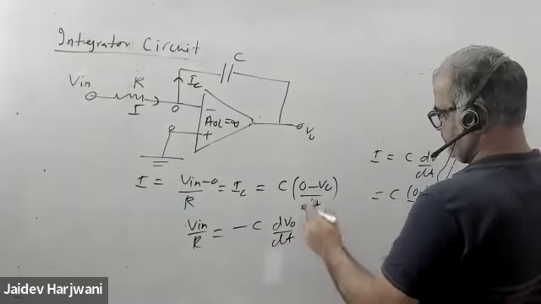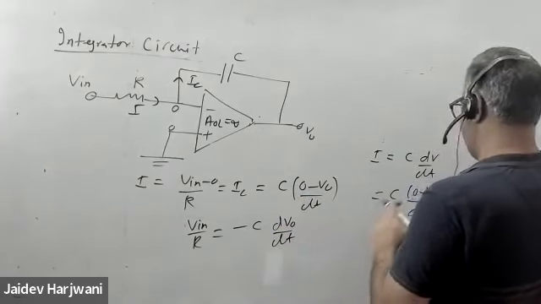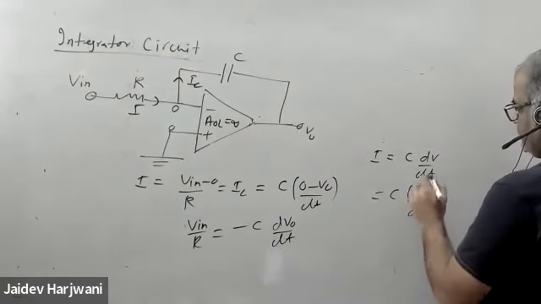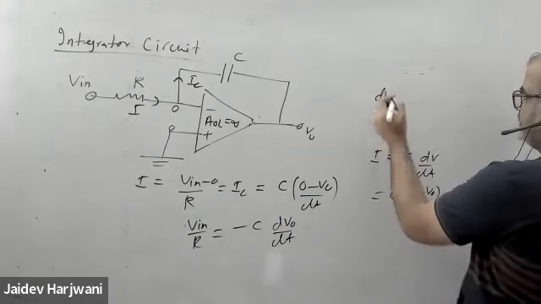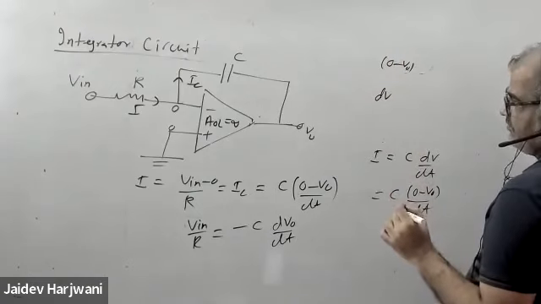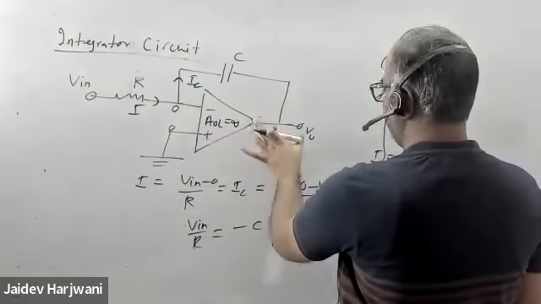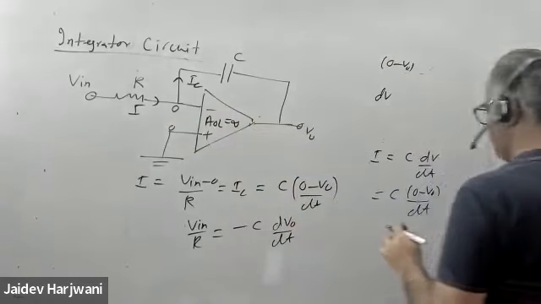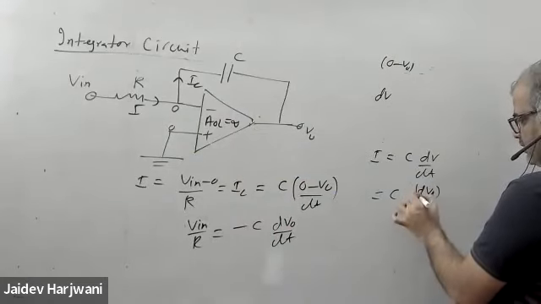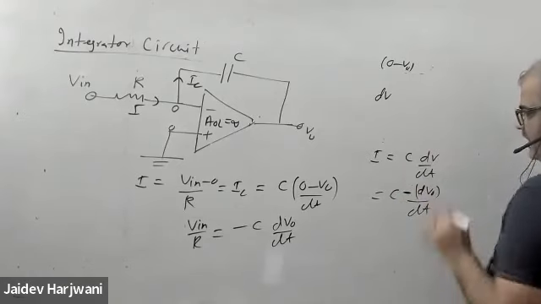D V naught कैसे होगा? Wait. Here dV, na? What I'm saying is this difference is 0 minus V naught. So can I write this dV as minus dV naught? Can I write like this?